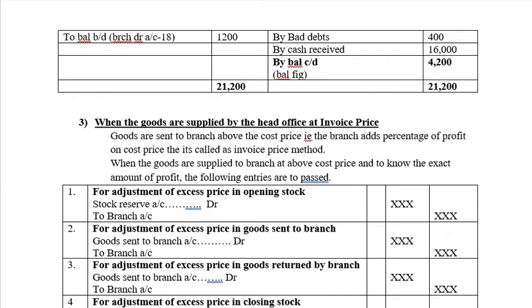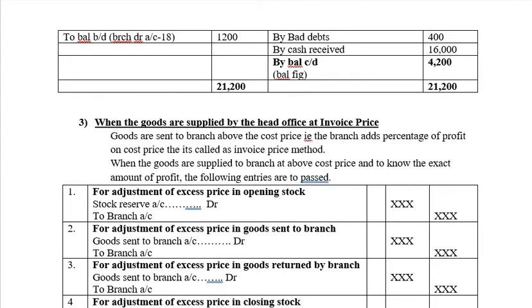That is, the goods are being sent above the cost price, not at cost price but more than the cost price, wherein a percentage of profit is added to the cost price, and then the selling price is informed to the branch, that is the price which has been quoted by the head office, the invoice price. At that price the goods are to be sold by the branch.